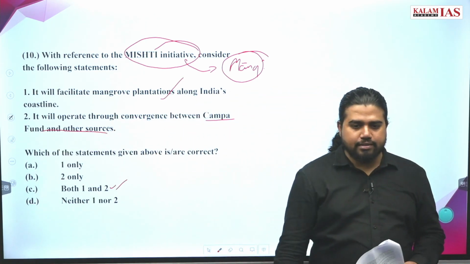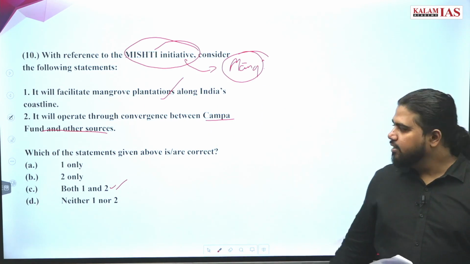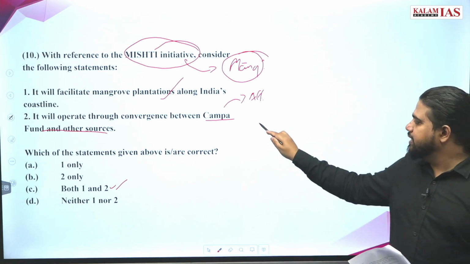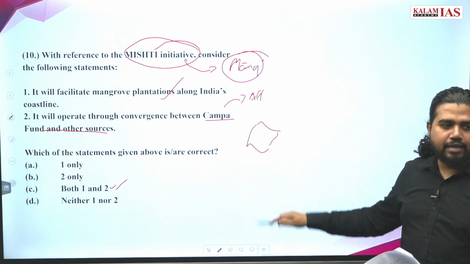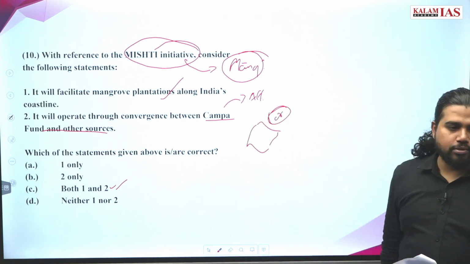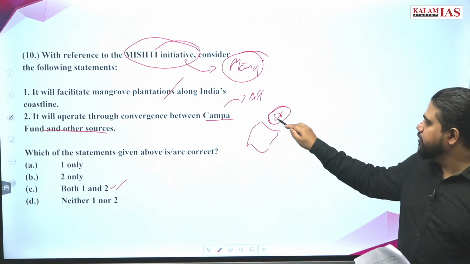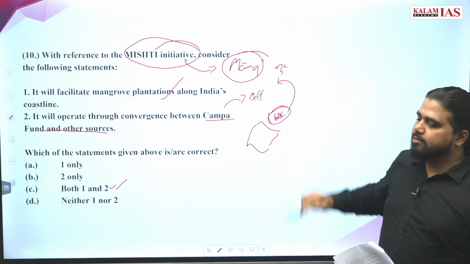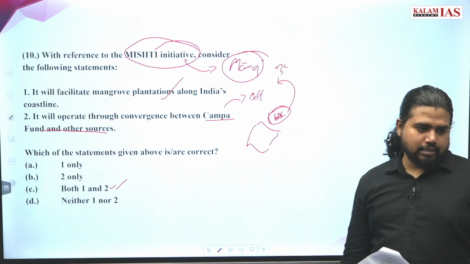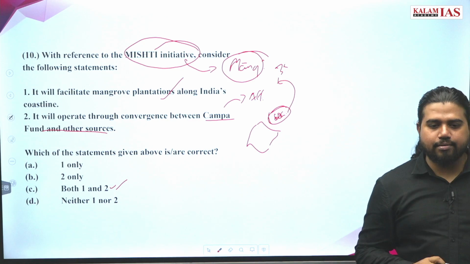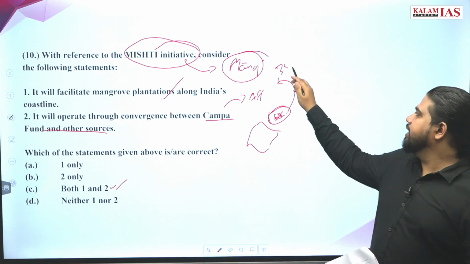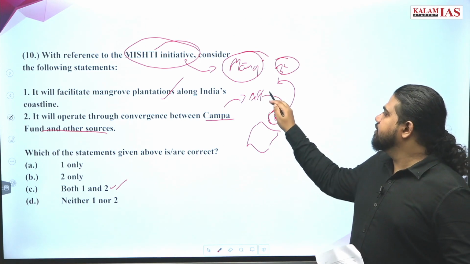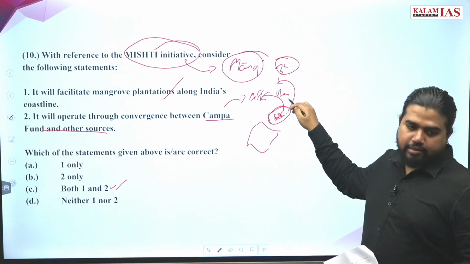What is the CAMPA Fund? It is like an afforestation fund. Suppose a company has to be established, and for establishing the company, 1 acre of forest has to be cut down. Then the company has to plant three times the forest that is being cut down. If the company cannot find land for this, it can put the money into this CAMPA Fund.